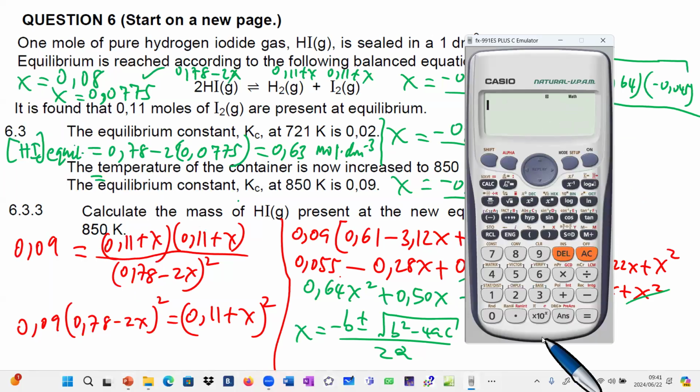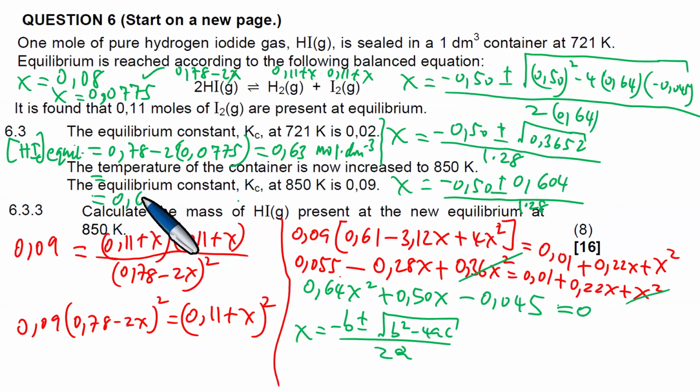So you'd say 0.78 minus 2 times 0.0775. Okay, we wrote 0.63, but you can see that it is actually 0.625 moles per decimeter cubed, which is rounded off to 0.63.